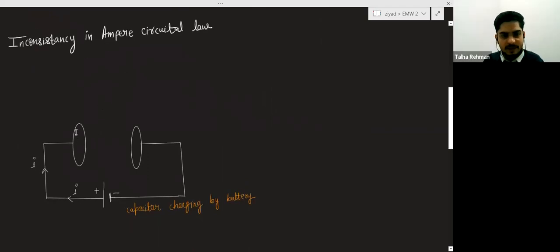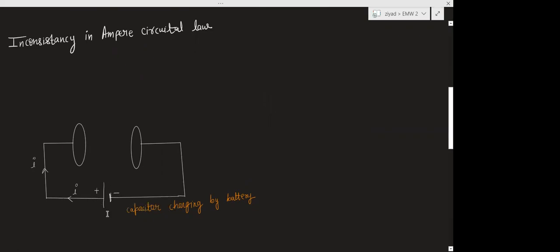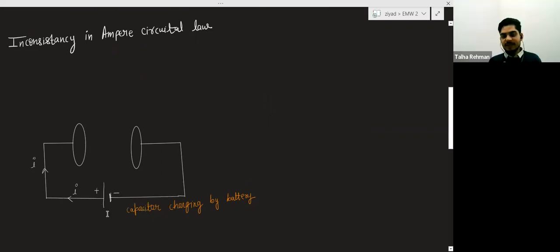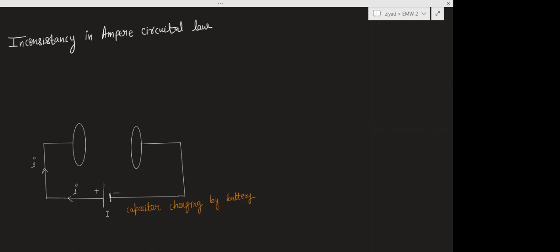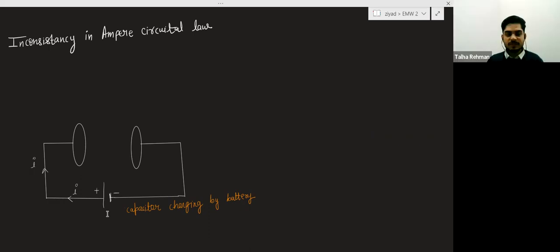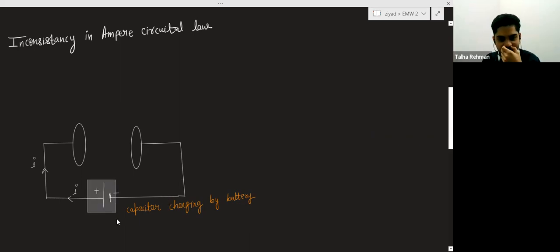This is the capacitor. There are two plates of a capacitor. This is basically a parallel plate capacitor. Here I have taken a capacitor connected with a battery. When you connect the capacitor with a battery, there will be charging of the capacitor. Due to the flow of charge, there will be a current in the circuit as the battery is connected.